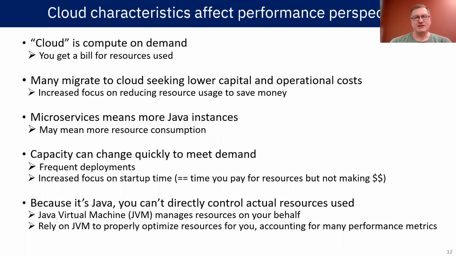And that means that instead of one big JVM where you have the opportunity to amortize some of the overheads that Java is famous for in terms of extra CPU usage and extra memory usage, you have a lot of little instances, and those little instances are more difficult to amortize. In each individual instance, it can be more difficult to amortize those overheads, and that can put additional pressure on how much resources you're using to run a particular workload in the cloud.